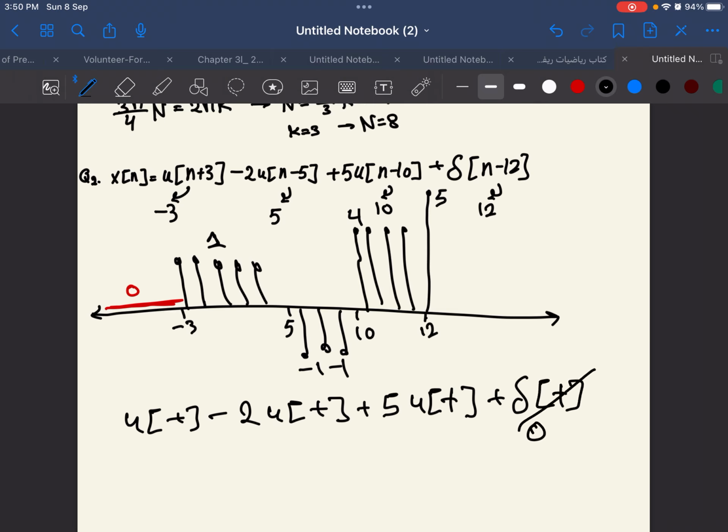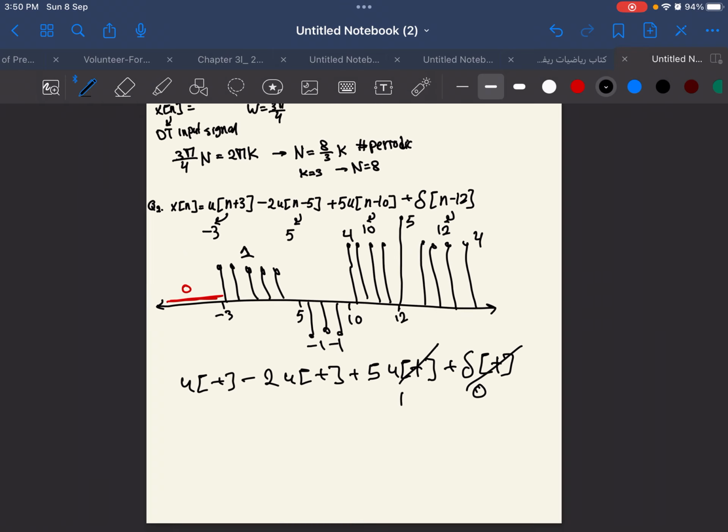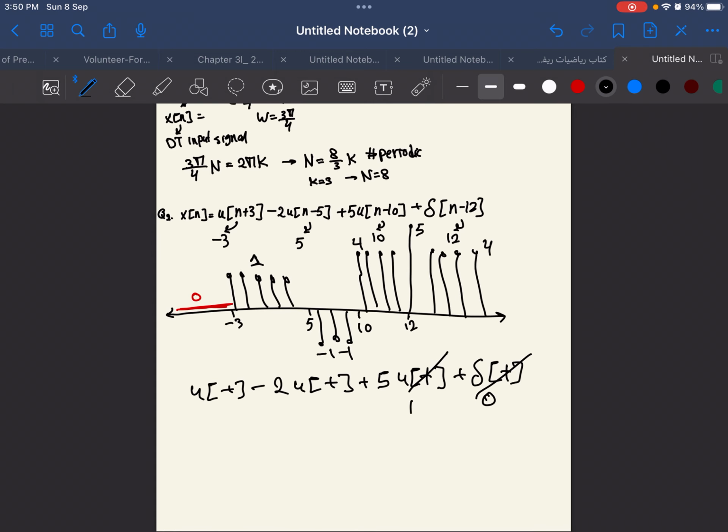This one is 0, and this one is 1, so 5. Then we conclude that whatever is after this will also equal 4. So this is the representation of the stem plot for it.